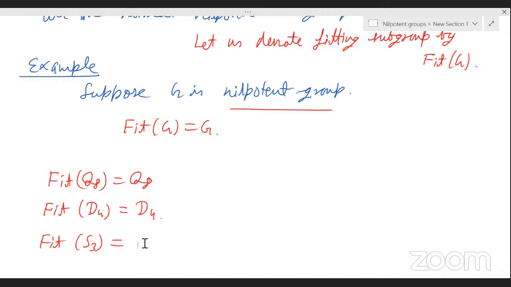And the subgroup generated by all the nilpotent normal subgroups, what will that be? That will be A3 itself. Okay, what is the Fitting subgroup of D5?